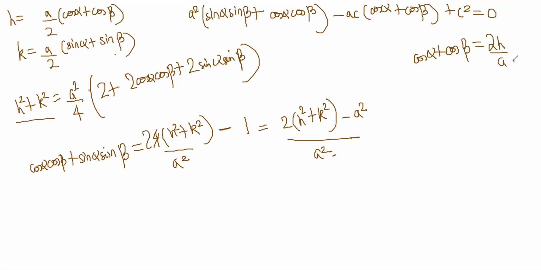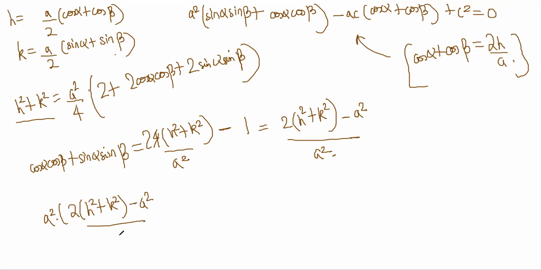So now you can just simply substitute in this equation. So it becomes A square into 2 times h square plus k square minus A square by A square, minus AC into 2h by A, plus c square is equal to 0.